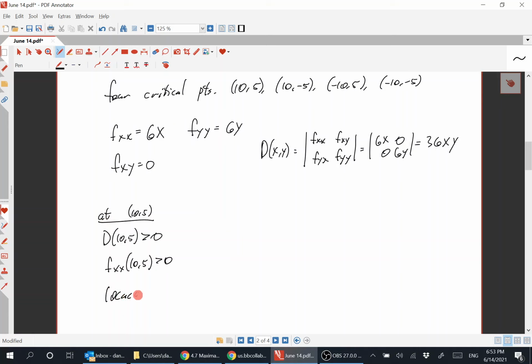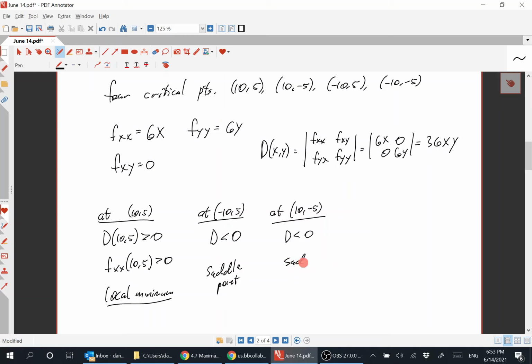So this is a local minimum at (10, 5). At (-10, 5), well, we're going to have d less than 0, right? So that's a saddle point. At (10, -5), well, again, the d is going to be less than 0, so saddle point.